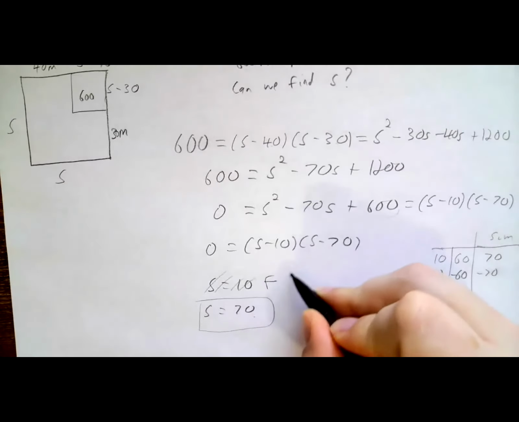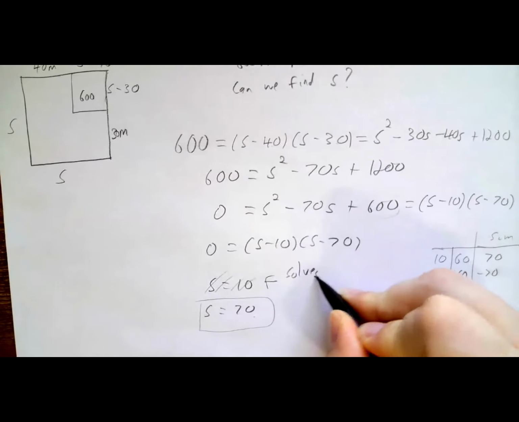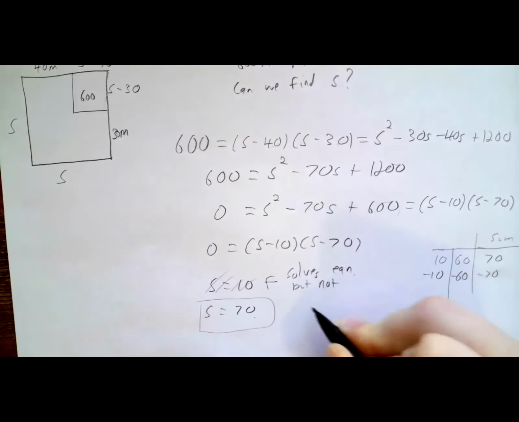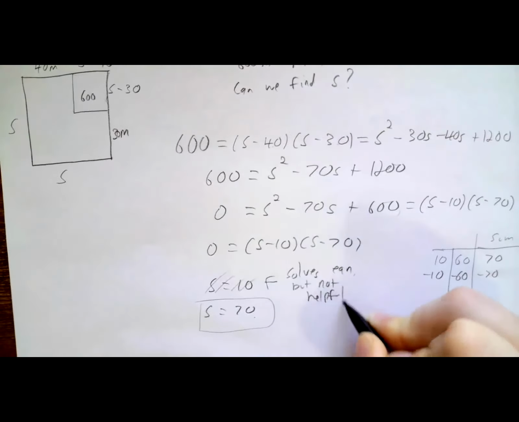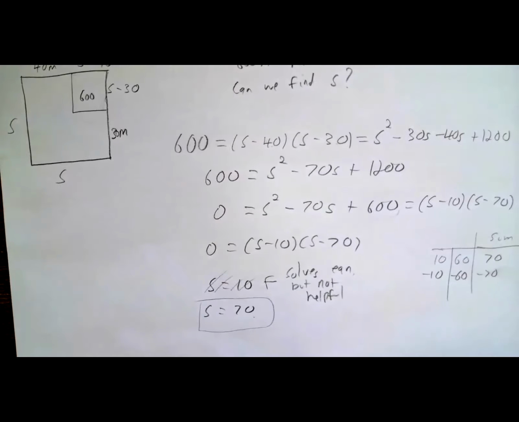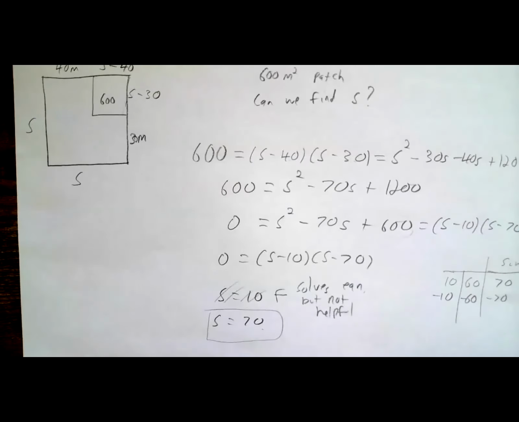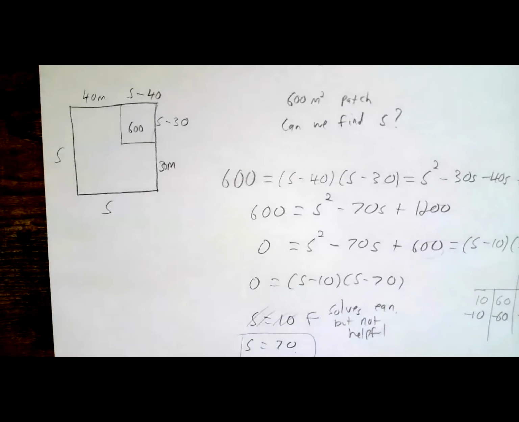So S equals 10 solves the equation, but is not helpful because it cannot be a side length the way I've got the problem set up. Whereas S equals 60 does solve the equation and makes sense in the context of my problem.